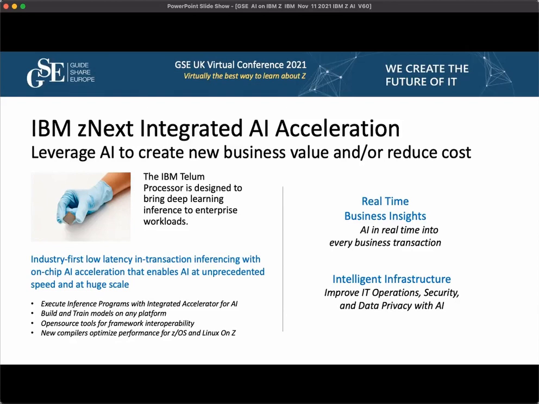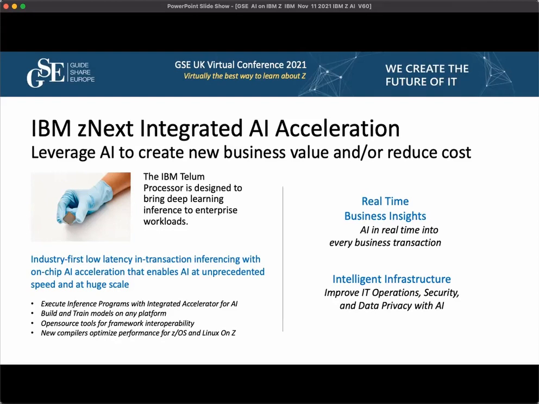With our Telum AI accelerator, we're enabling you to bring state-of-the-art deep learning inference even in the most latency sensitive, most demanding real-time workloads, giving you the ability to examine every transaction. And as I said before, what really drove the design of this accelerator was the examples that I've talked about just before, and the discussions that we had with clients like yourselves about some of the challenges that you had with operationalizing AI in general in enterprise workloads.